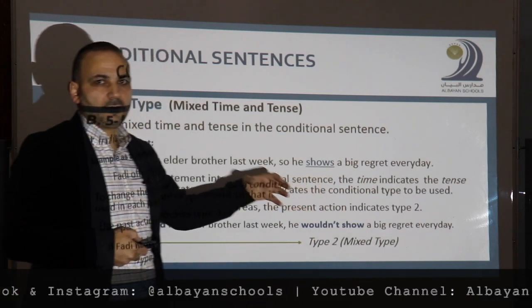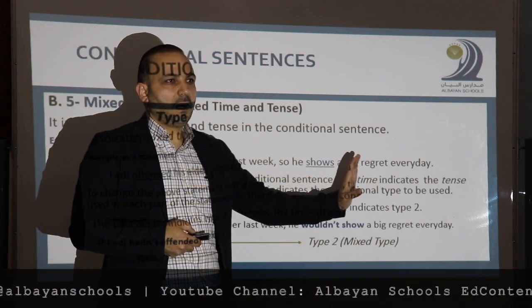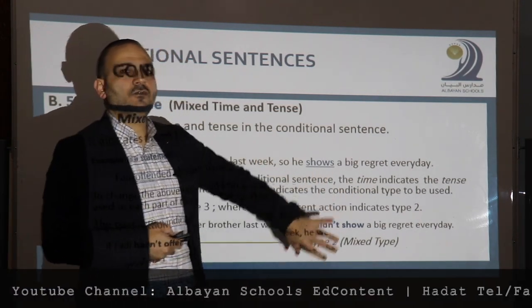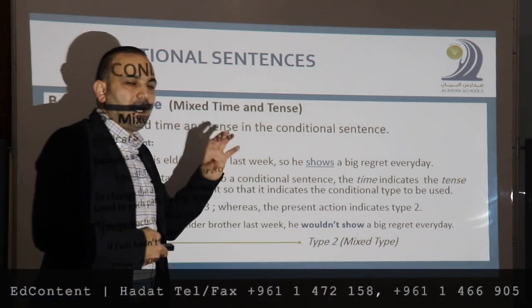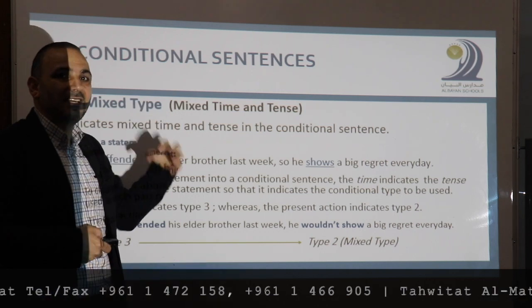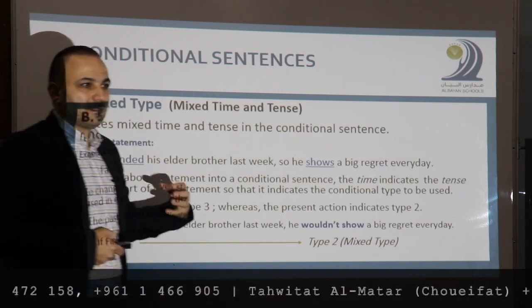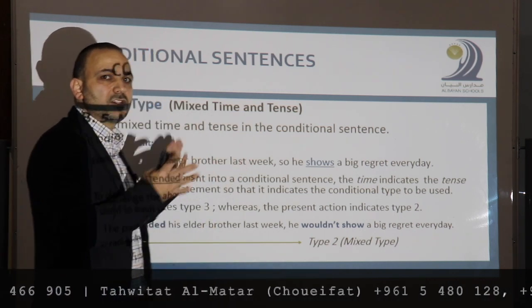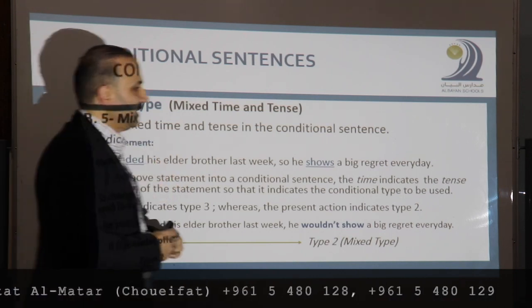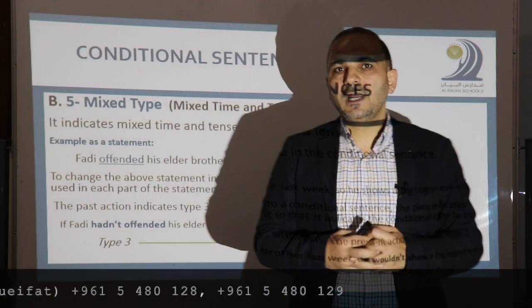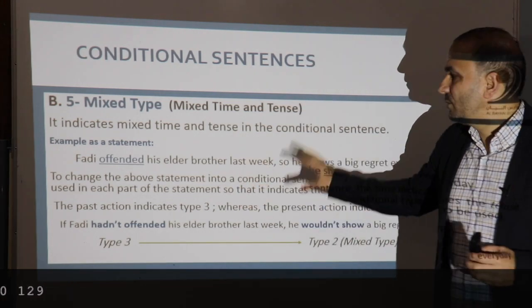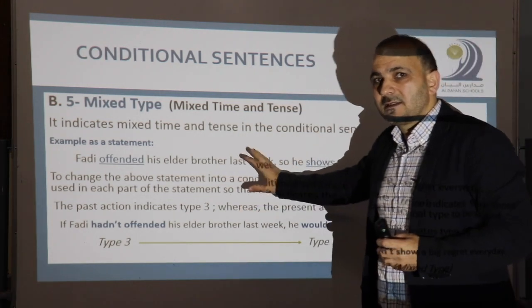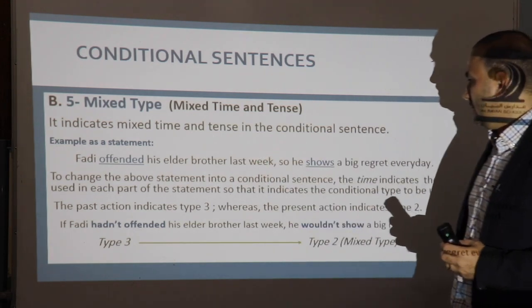So he shows present. Deal with this part as present. With if clause, unreal present. Unreal present, so type 2. Okay, you have to study the types carefully. When you know what you use in each type, it will become easy for you to directly identify the type to be used in a statement to be changed into a conditional sentence.